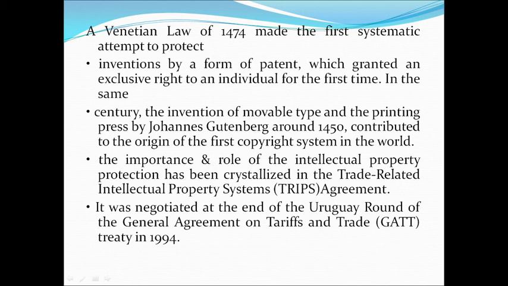In the same century, the invention of movable type and the printing press by Johannes Gutenberg around 1450 contributed to the origin of the first copyright system in the world.